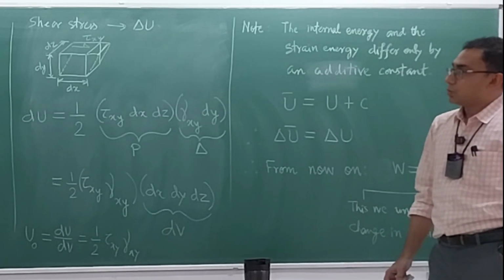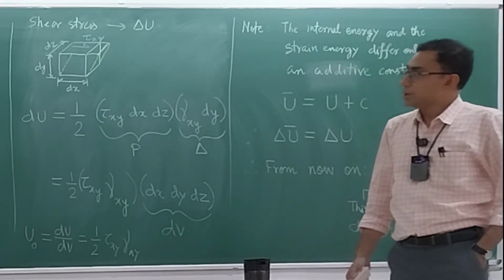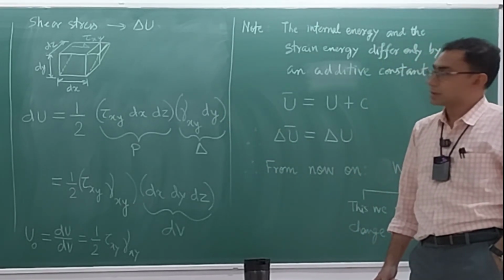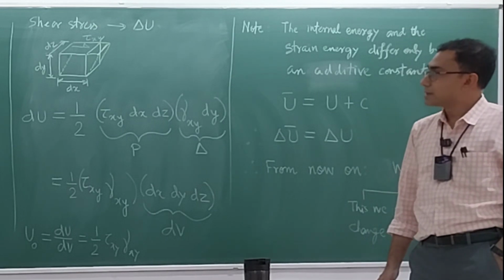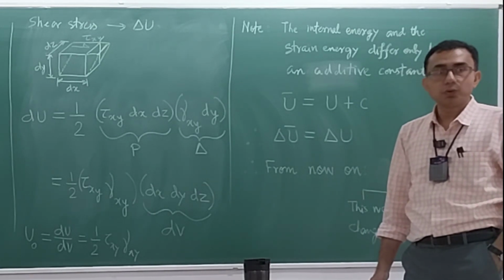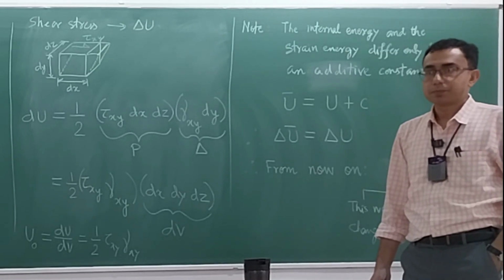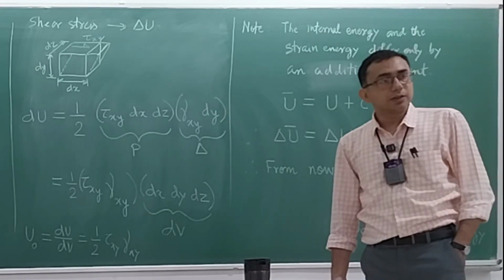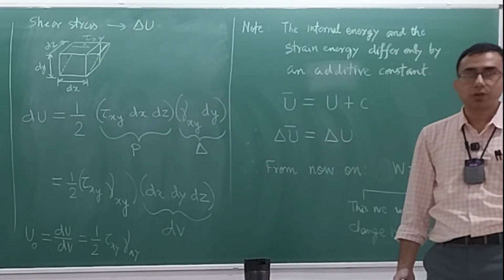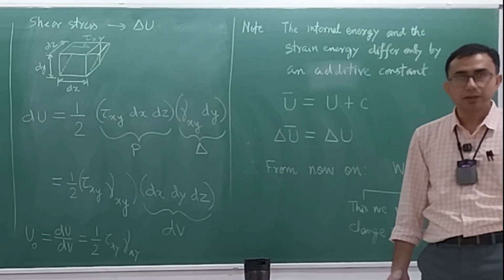Okay, so we have tried to wrap our head around the normal stress and the shear stress cases. Now all that you have to do is go into the different chapters that we have already done. What are the chapters that we have done? We have talked about torsion, flexure, and shear.